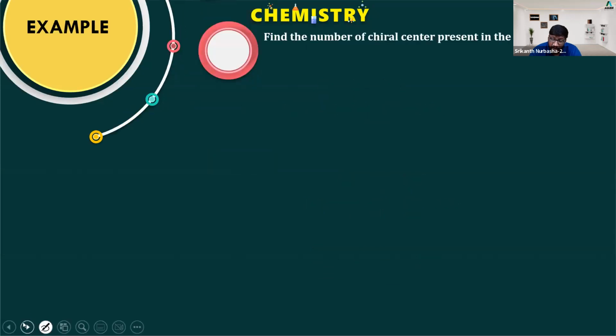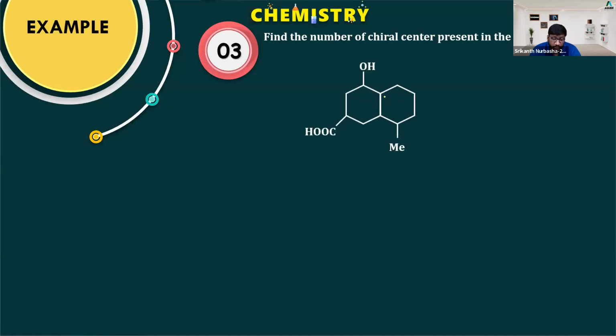Find the number of chiral centers present in the given molecule. How many chiral centers are there in this particular molecule? Just try to figure out the carbons which are connected with different groups.